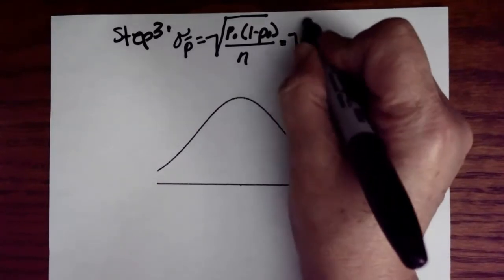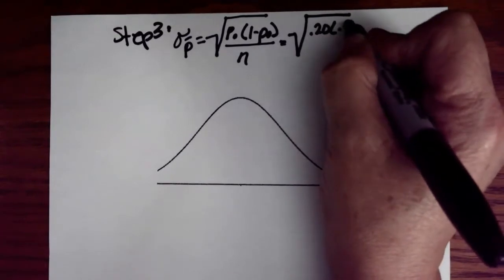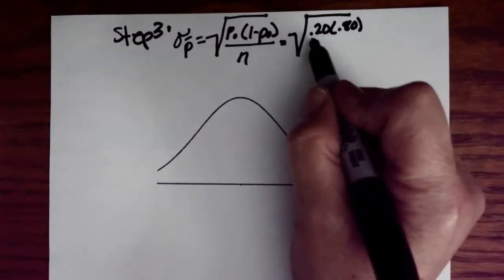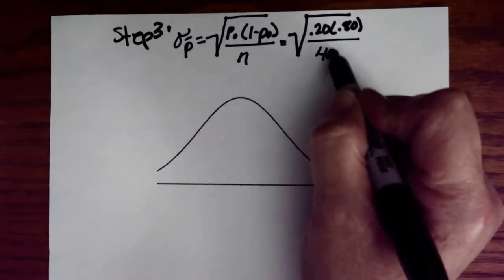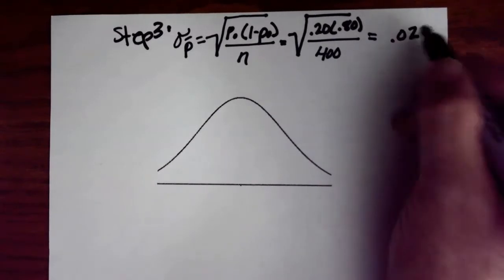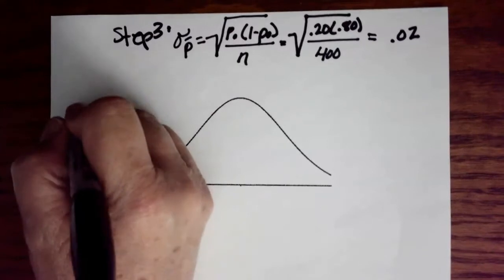Then we take the square root of that. So 0.20 times 0.8, because it's 1 minus 0.20, over 400, and we get the value here of 0.02 for the standard error of our proportion. All right, so let's go back here.